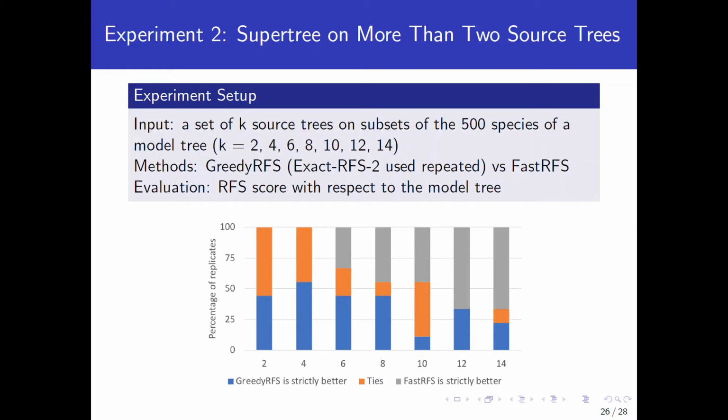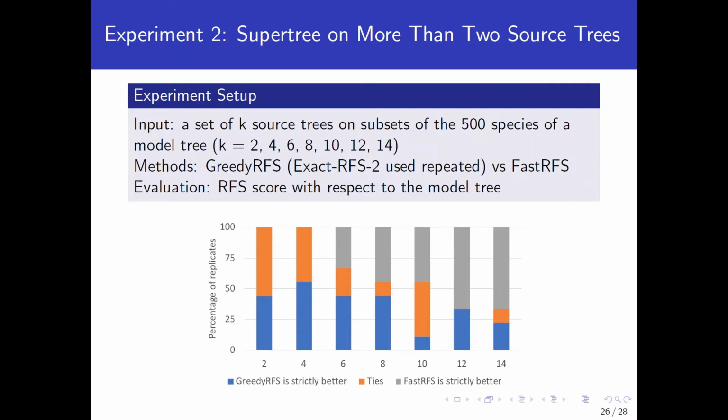The order in which we choose the trees to apply exact RFS on is just the greedy order, where we choose the 2 trees that share the most number of leaves first. In the end, we evaluate the estimated supertree with respect to the model tree in terms of RFS score.